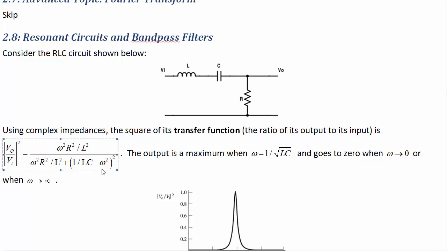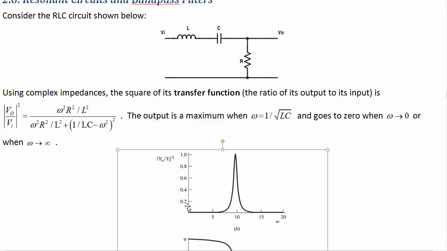So if the frequency is really low, then the denominator goes like a constant and the numerator goes like frequency squared, so the whole thing goes towards 0. If the frequency is really, really high, then the denominator goes like frequency to the 4, the numerator goes like frequency squared, and the whole thing goes to 0. But somewhere in between, it doesn't go to 0 and reaches a maximum value.